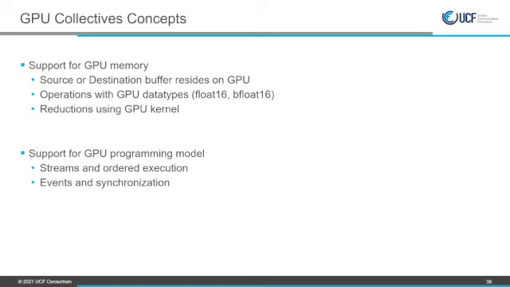The second topic is how the collective library interacts with the GPU programming model, because GPU programming is different from CPU programming, and there are some concepts that the collective library should be aware of to do the job efficiently. I will start first with GPU memory support and then go to the second topic.